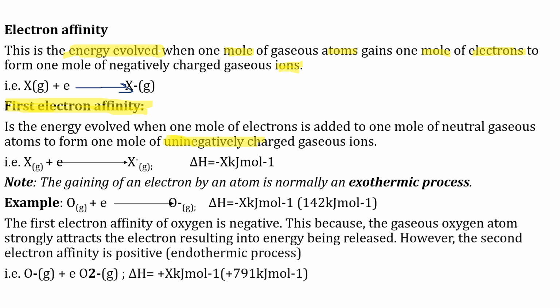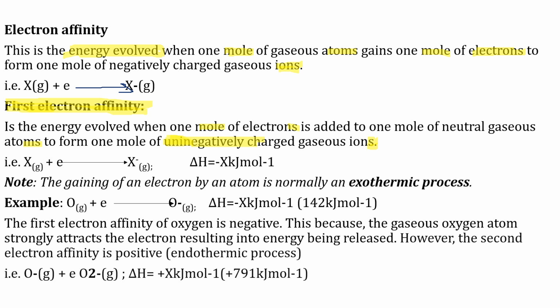So first electron affinity is the energy evolved when 1 mole of electrons. I said when you're using mole, make sure that everything else is in plural: gaseous atoms to form 1 mole of gaseous ions. We are very critical about that, and many students lose marks due to that.